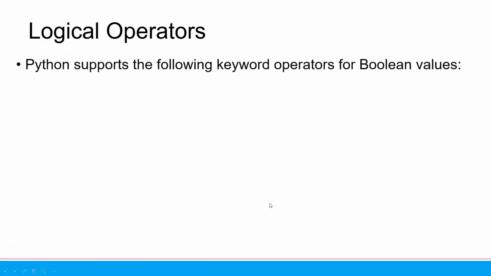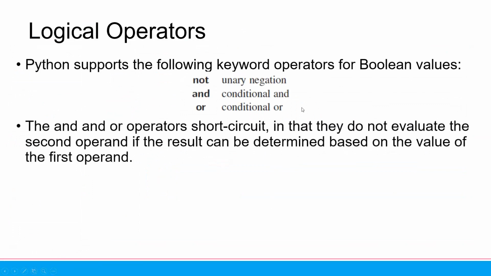There are some logical operators. Python supports the following keyword operators for Boolean values: not, and, or. In this case, not is a unary negation. So if it is not true, then false.